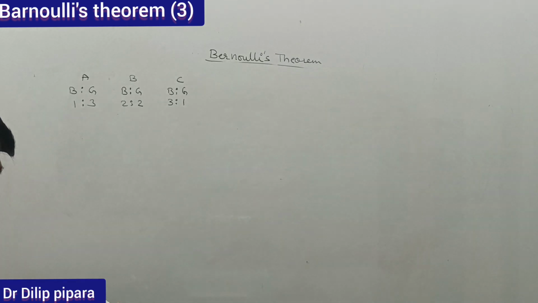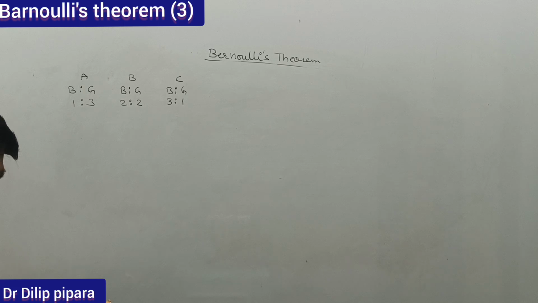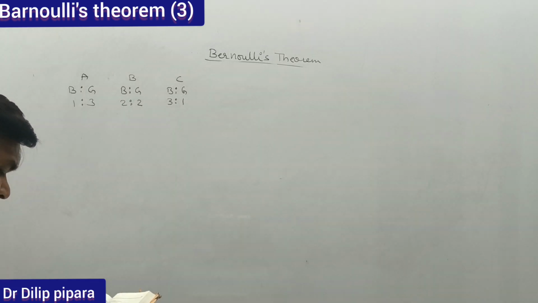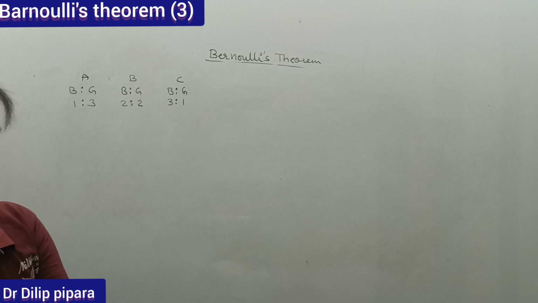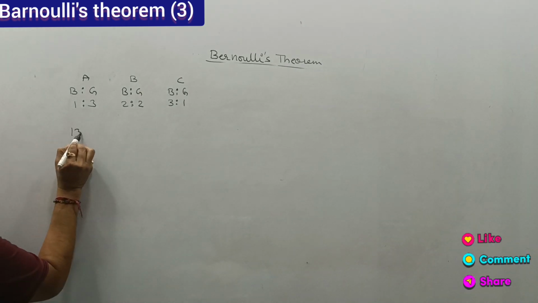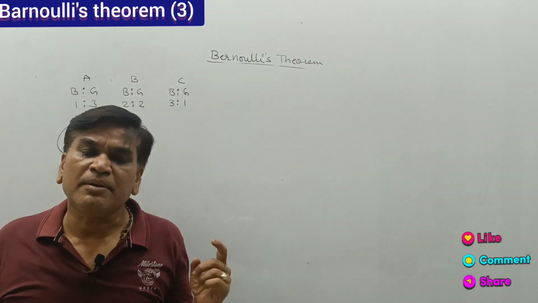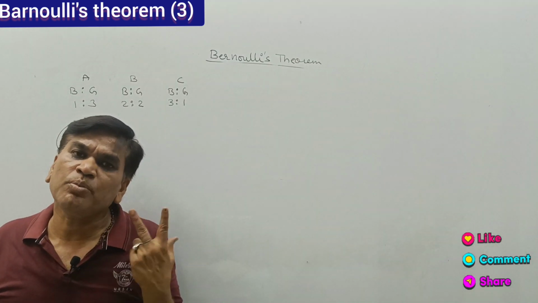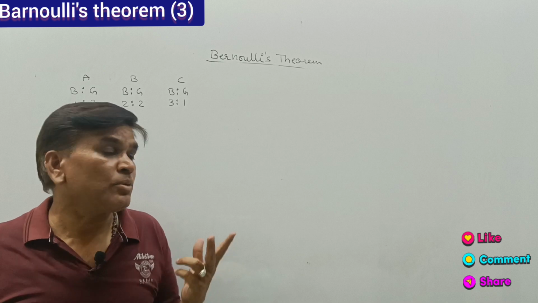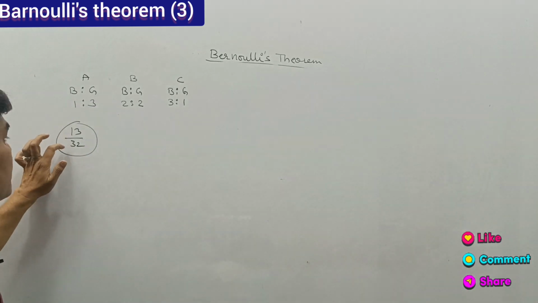Prove that the probability that the three selected contain one girl and two boys is 13 upon 32.